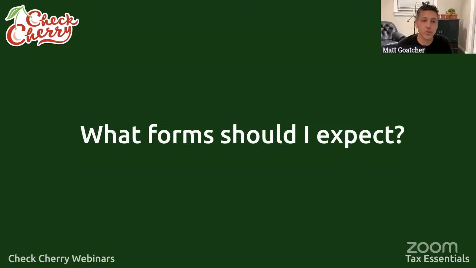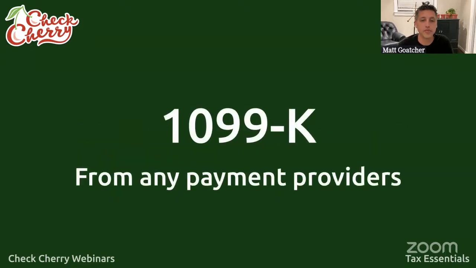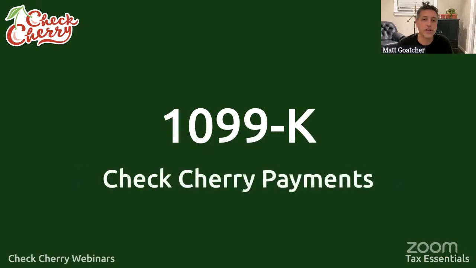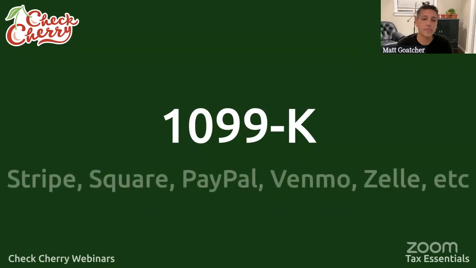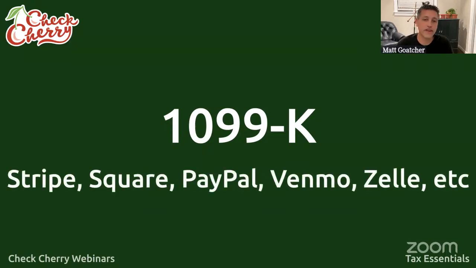So, kind of going into what forms you should expect, the short answer is you're typically going to get a 1099-K from any payment providers. If you're using Check Cherry Payments, you'll get a 1099-K from us. You may also get one if you're using Venmo, Stripe, Square, Zelle, things like that.